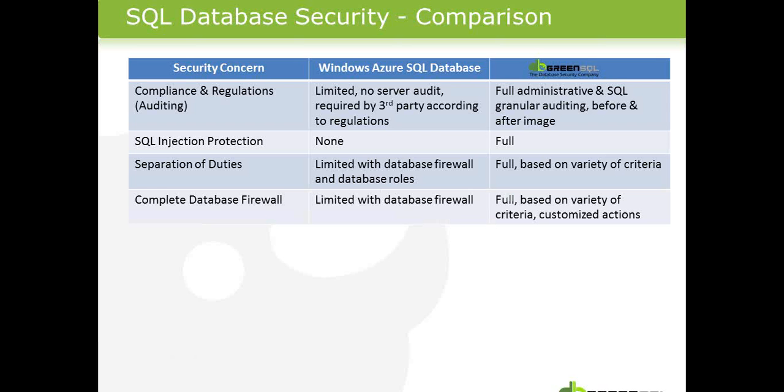In terms of a complete database firewall, as I described, SQL database firewall is limited only to IP addresses. GreenSQL complements that and blocks attempts before they even reach the Windows Azure cloud. And there's a lot of criteria that you can base the firewall rules on.